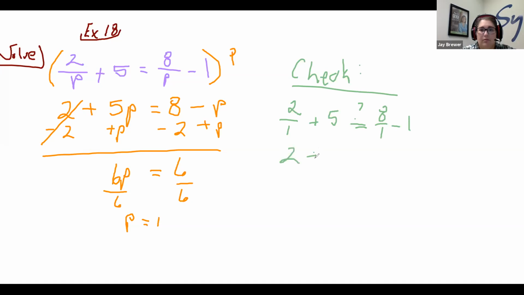So 2 plus 5 is 7, and 8 minus 1 is 7. So it is true, it works. There's your check. And that literally got people a bonus point because not a lot of people do the checks. Now, granted, you still got all the credit if you got the problem right.